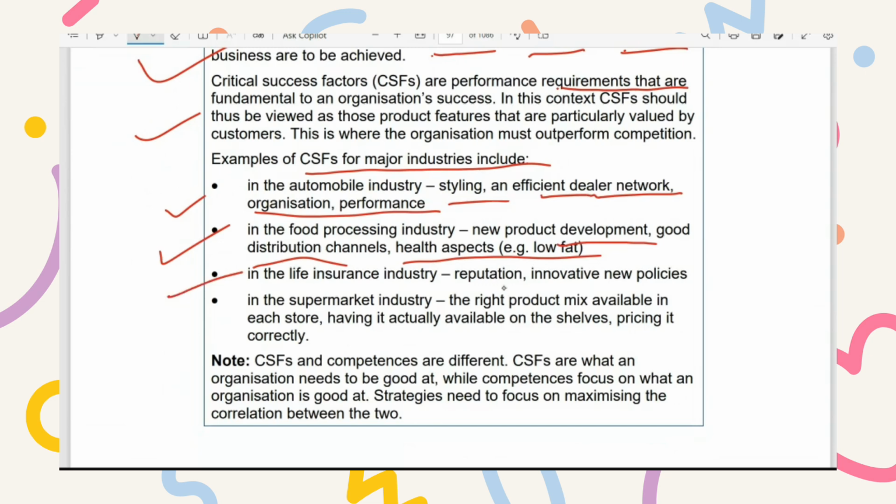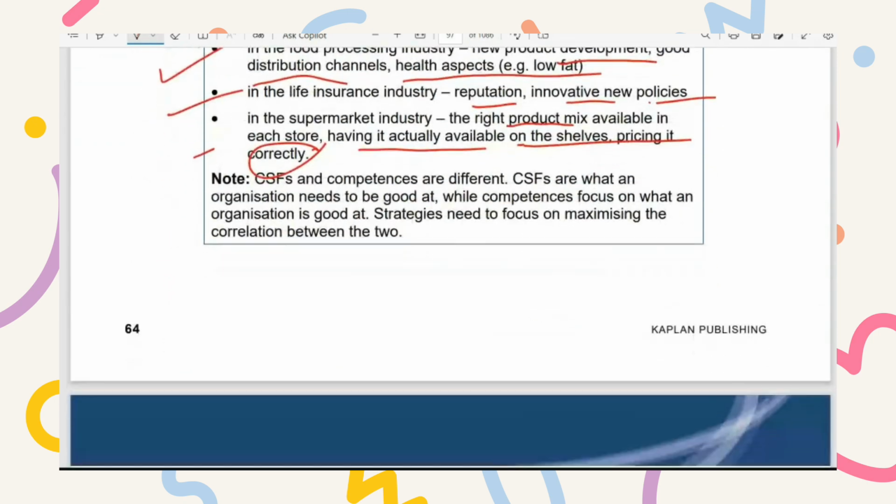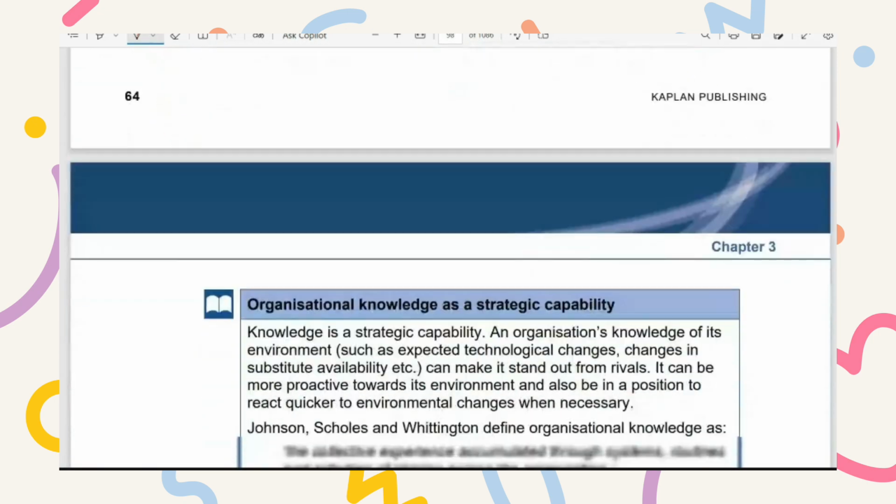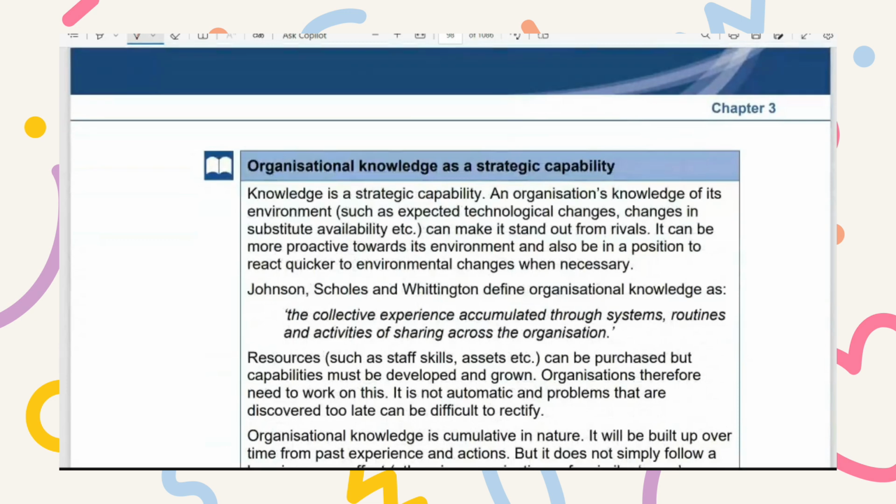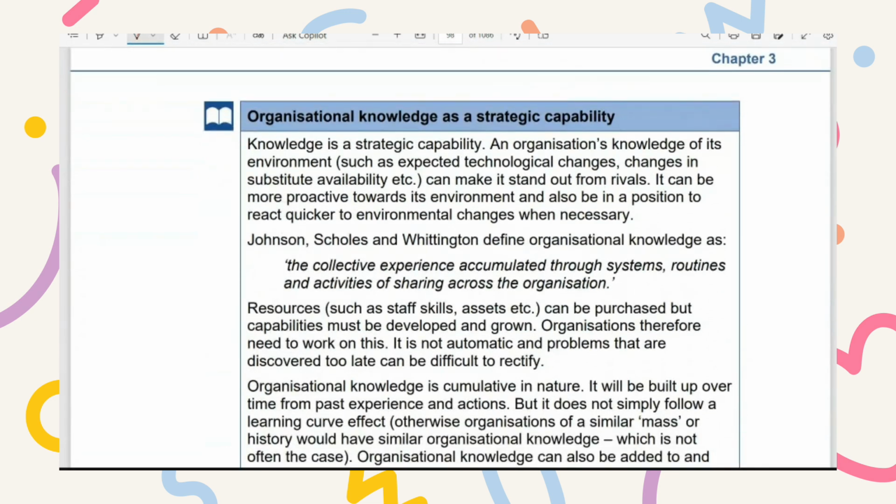They now put calories on products, so something different. In the life insurance industry, reputation, innovation, and new policies. In the supermarket, product mix, actual availability on the shelves of each store, and correct pricing. This is also very much a problem area. People having wrong pricing is another debate we'll discuss in our revisions.